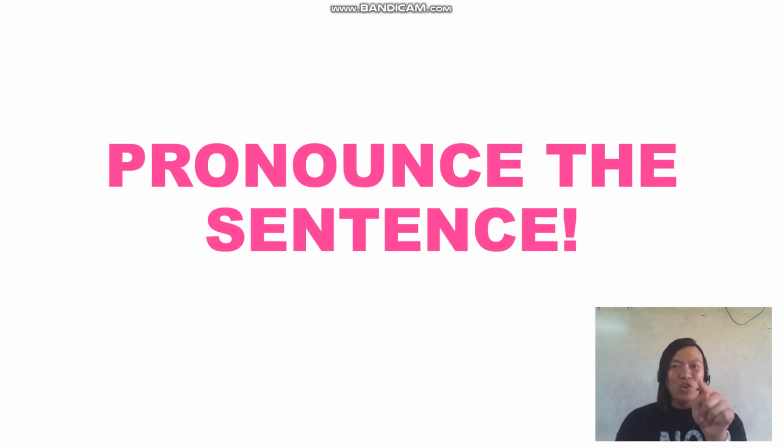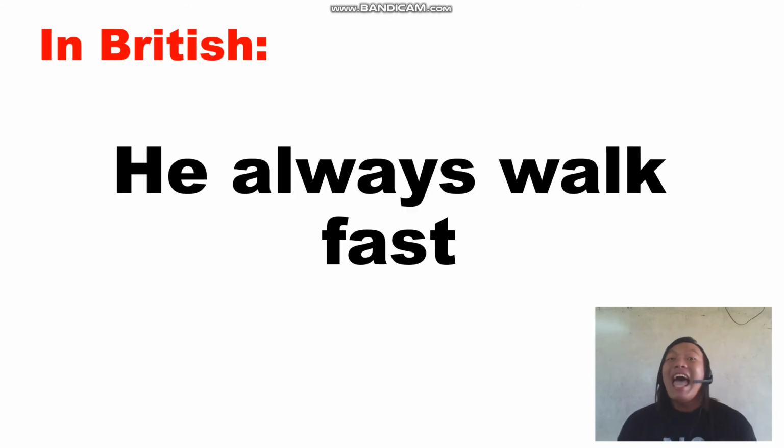Now, it's your turn to try pronouncing the following sentences. Okay, are you ready? Okay, I'm so ready, guys, for you, so here you go. How do you pronounce the following sentence in British? Alright, your turn. Okay, again. Okay, great.